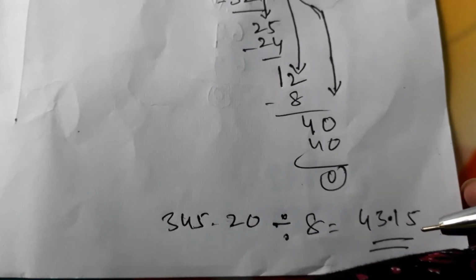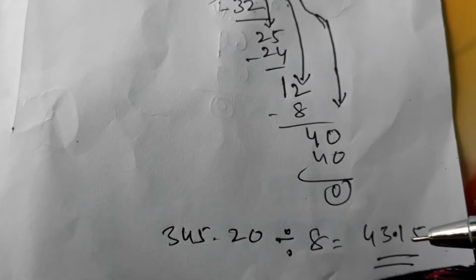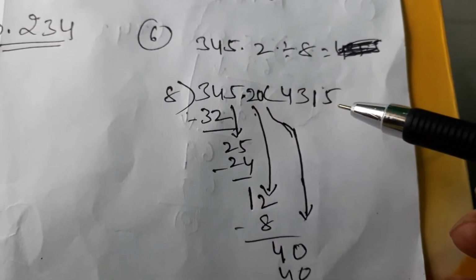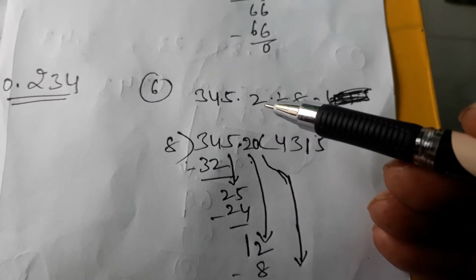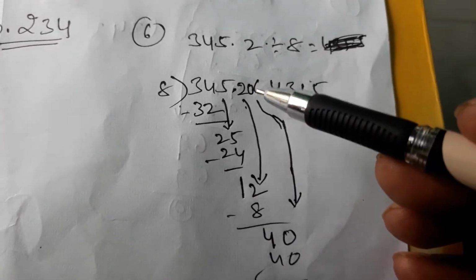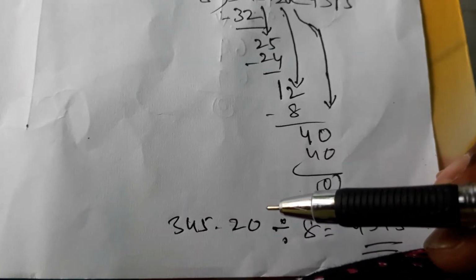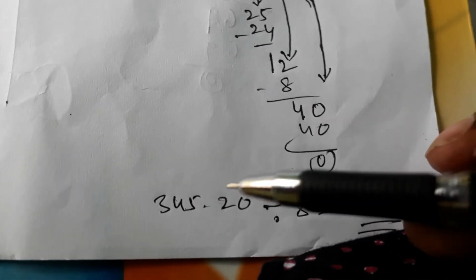So the answer is 43.15. You actually got 4315, but don't take only one decimal in the answer. Take two decimals because you took one 0. Now place two decimals in the answer.